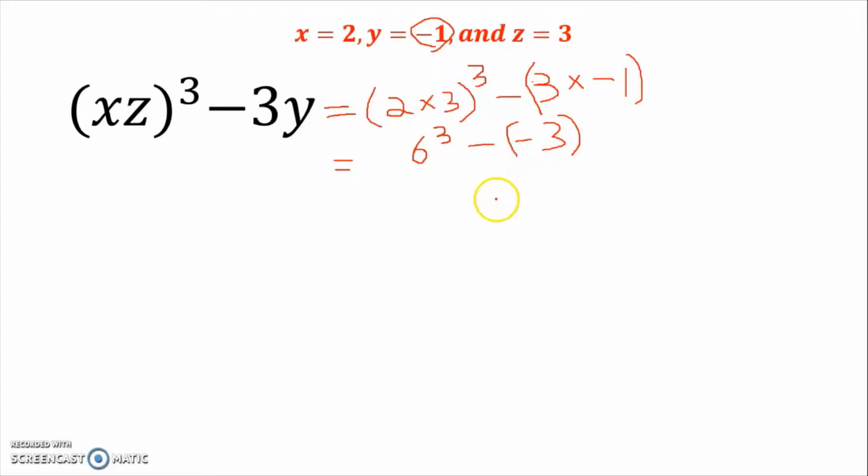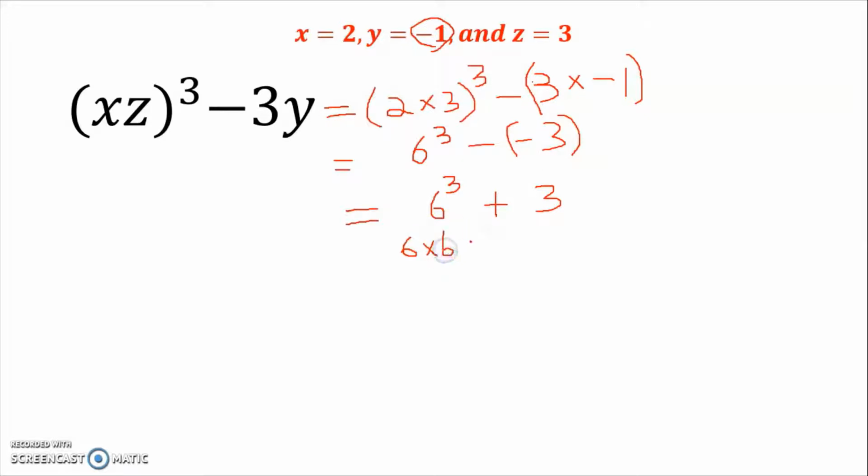So we know that would be equivalent to a plus sign, because negative multiplied by negative is positive. So we get 6 cubed plus 3. And 6 cubed is the same as 6 multiplied by 6 multiplied by 6. So 6 times 6.